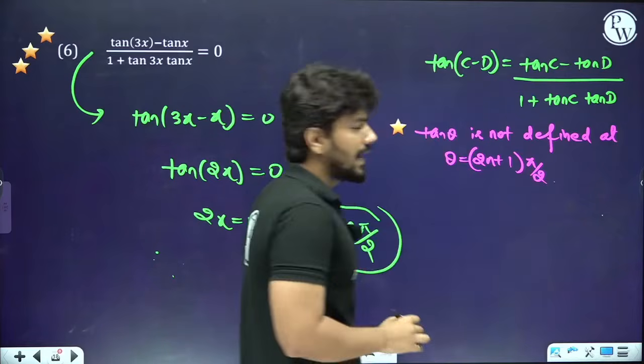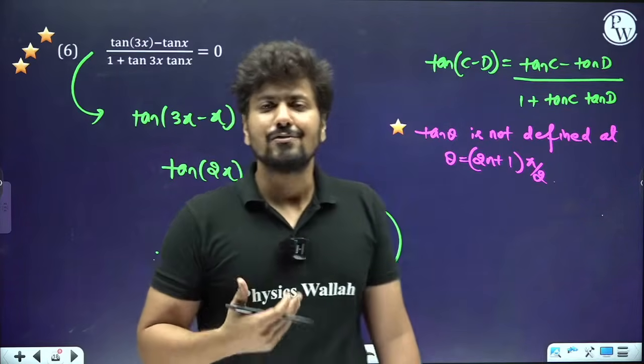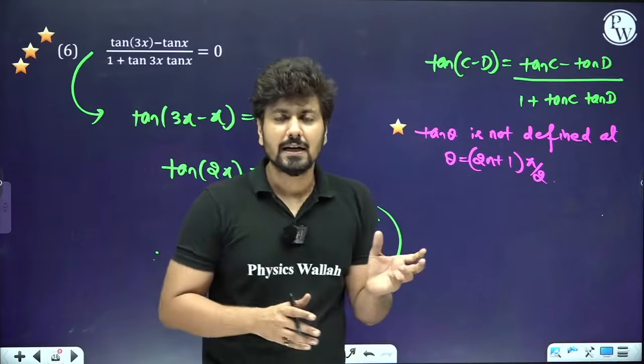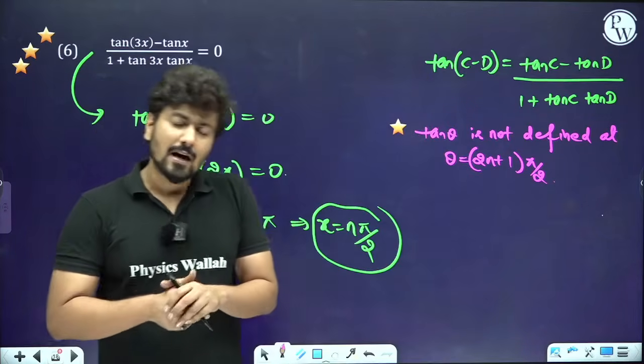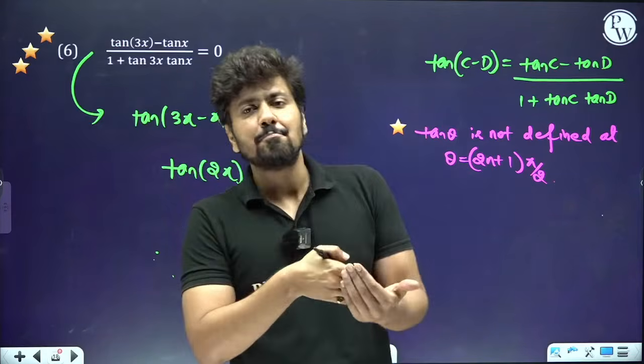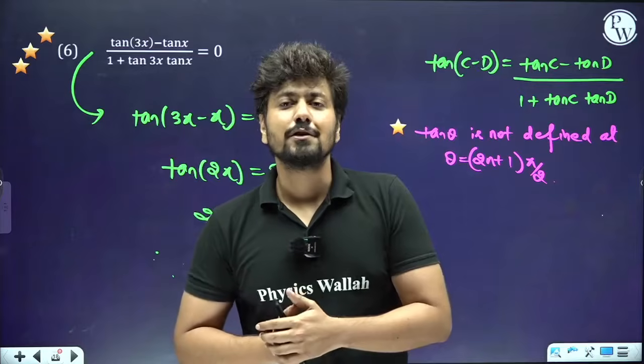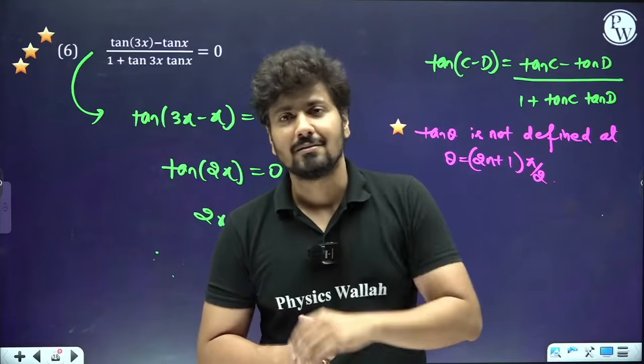I hope all of you know that tan pi by 2, its value is not defined. We say that it's infinity. So basically infinity is not defined, right? So in tan theta, we can't put theta angle as exactly pi by 2. Even if you ask calculator what is the value for tan pi by 2, it will show you error.